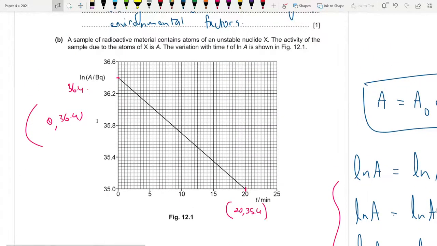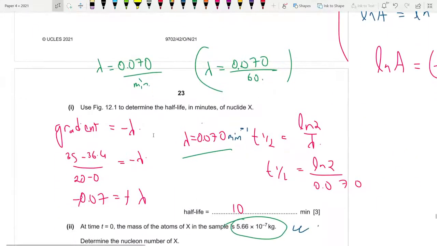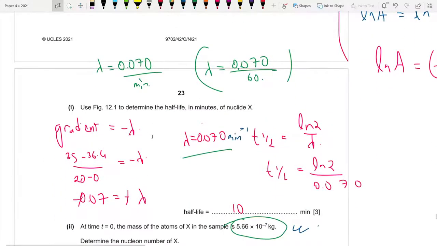I used (0, 36.4) and (20, 35.0). So it's 35 minus 36.4 divided by 20 minus 0. We're getting a value of minus 0.07, so lambda is equal to 0.070.